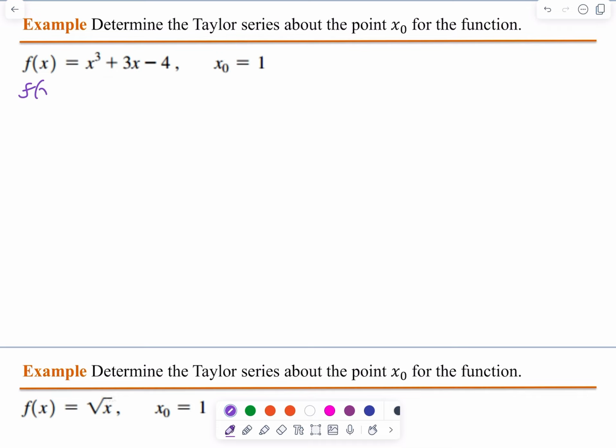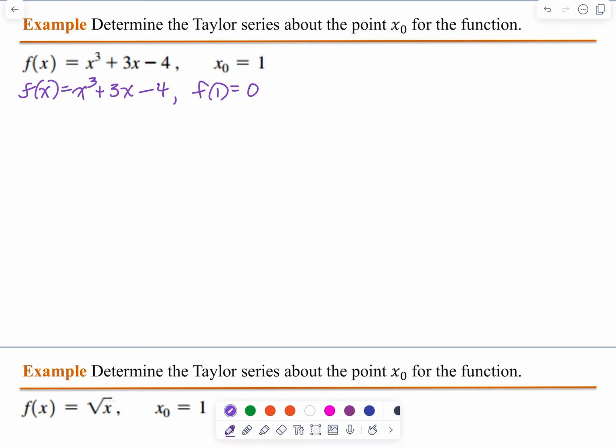So if we have f of x equal x cubed plus 3x minus 4, we have f of 1 equal to, let's see here, that would be 0.